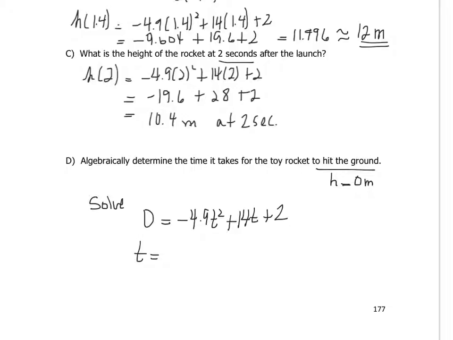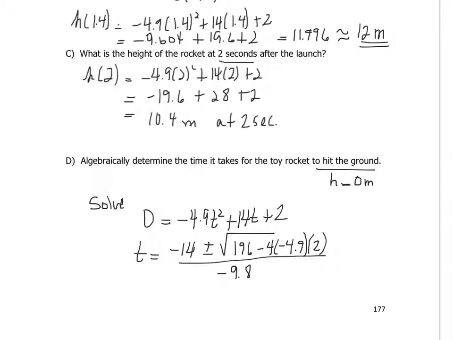It's already set up for the quadratic formula, so t would equal negative b, in this case negative 14, plus or minus the square root. b squared is 196, I think, yep, 14 squared is 196, minus 4a, where a is negative 4.9, and c is 2, all over 2a, which is 2 times negative 4.9, which I know is negative 9.8.